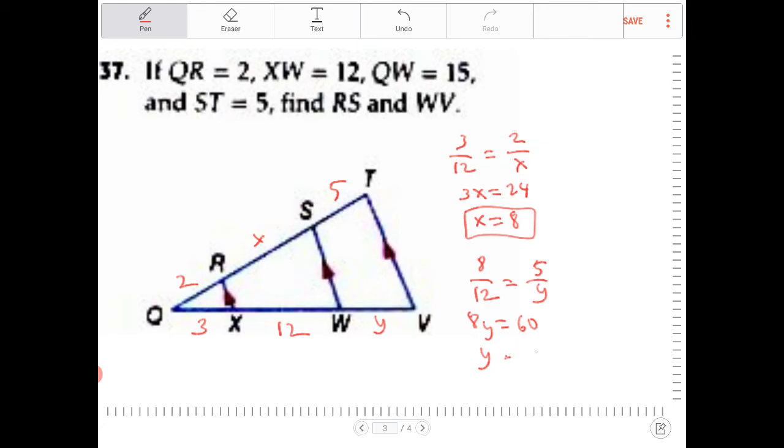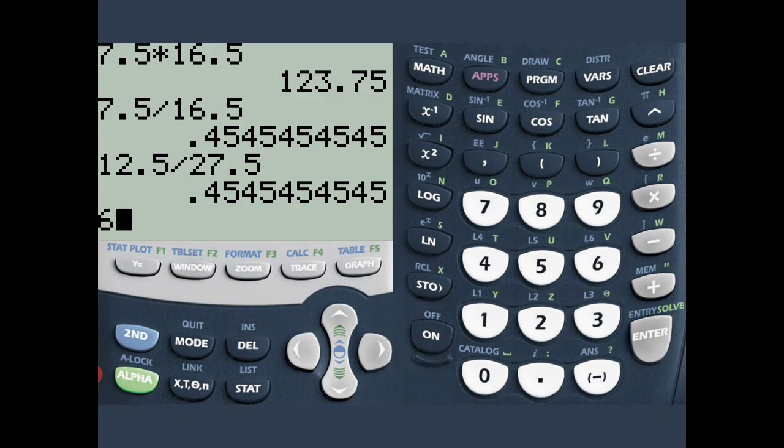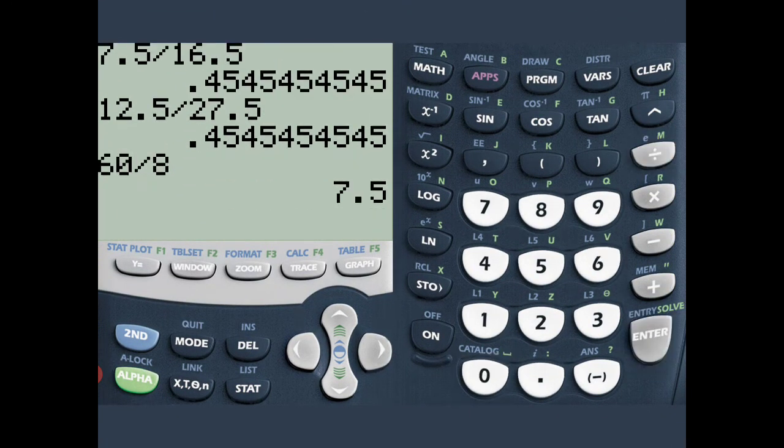I end up with 60 over 8, or 15 over 2, or 7.5.